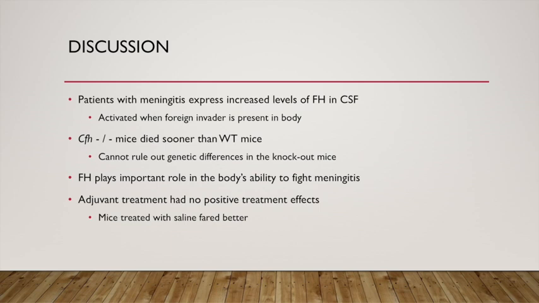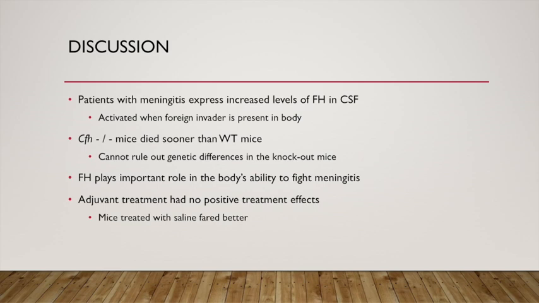Interestingly enough, we also saw that the adjuvant treatment did not have any positive effects, as the mice who were treated with saline actually fared better than the mice who were treated with human factor H. Now, it is not known whether or not human factor H works differently in mice than it would in humans.